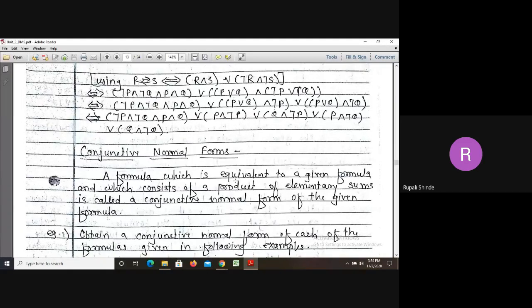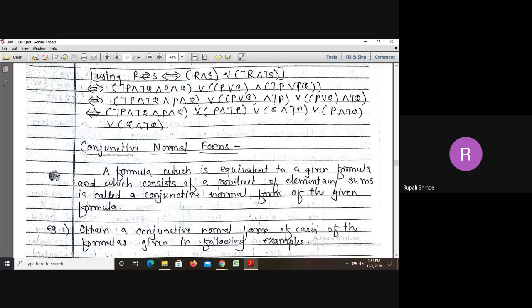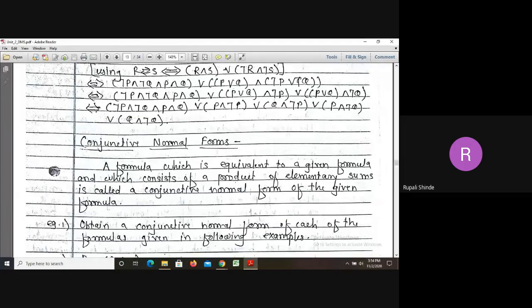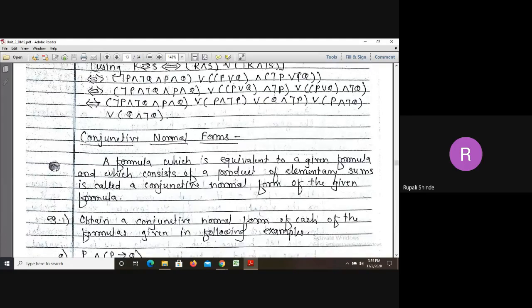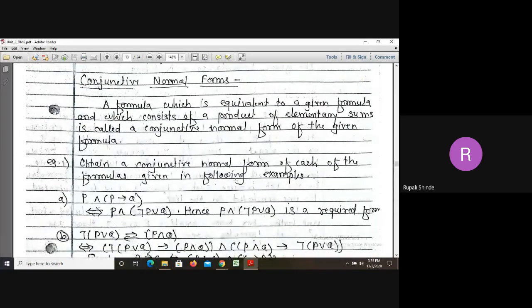You have to remember these definitions: for DNF, sum of elementary products, and for CNF, product of elementary sums. So don't be confused. Conjunctive normal form means what? Outside the bracket, product, and inside the bracket, sum should be there. So this is a product of elementary sums.